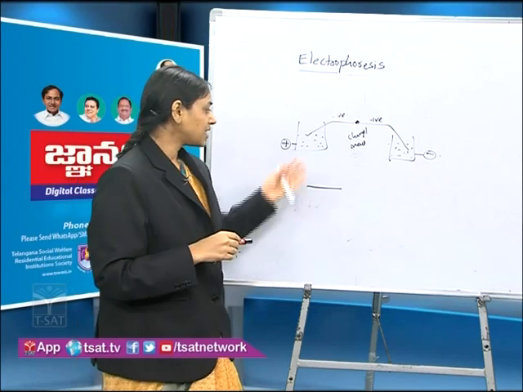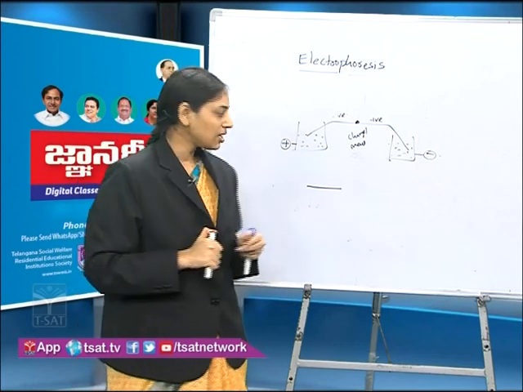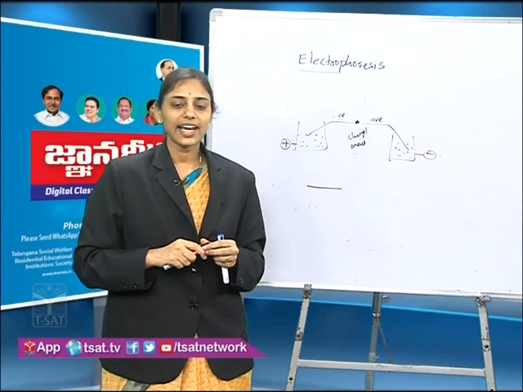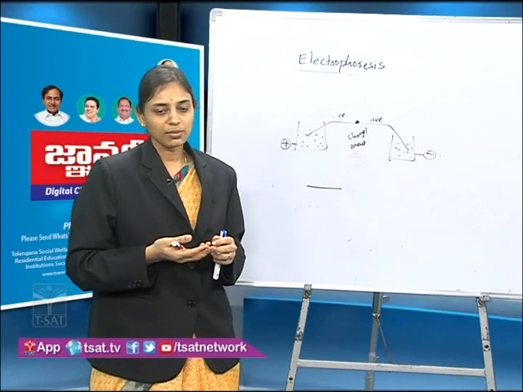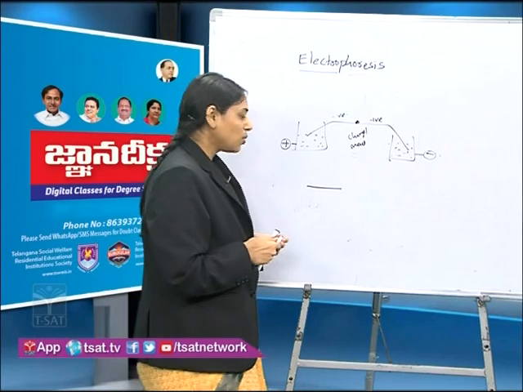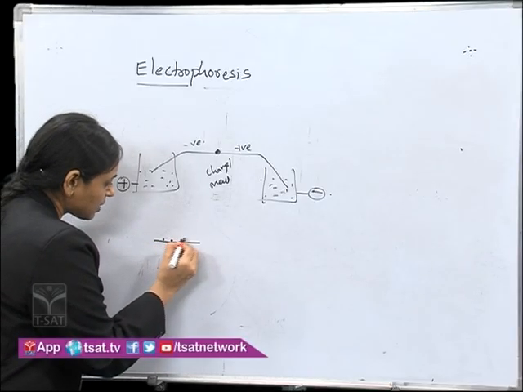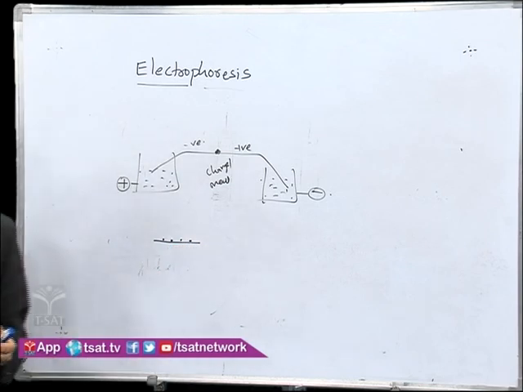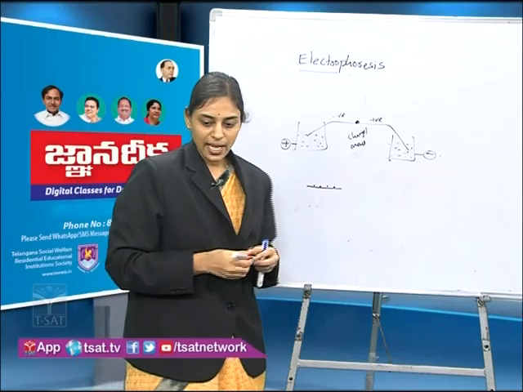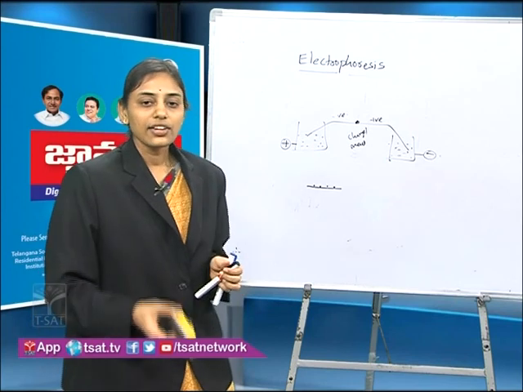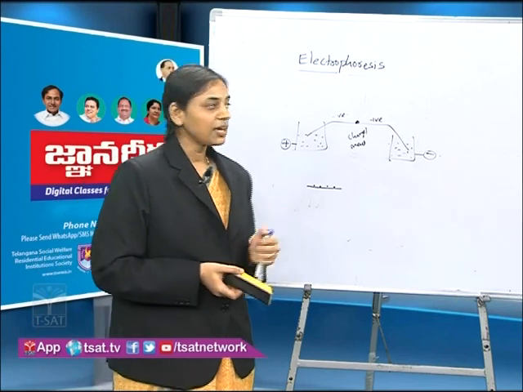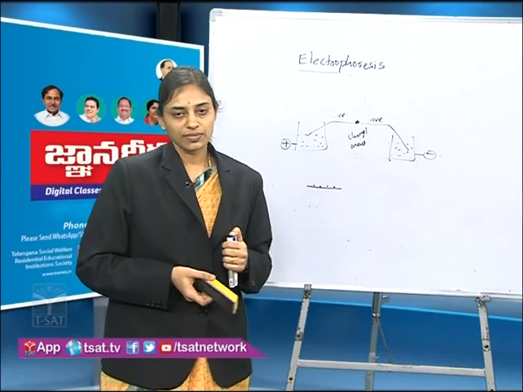If it is a protein sample, we have to dye it with the protein dyes, Coomassie brilliant blue or bromophenol blue. Once we dye it with those stains, we could see the colored spots for the separated sample particles. And this technique is easy to perform and also less expensive.